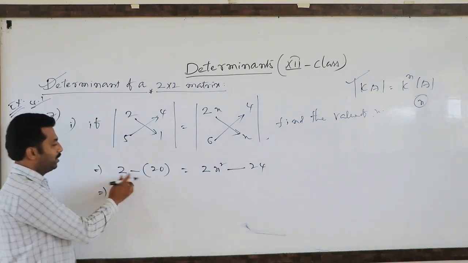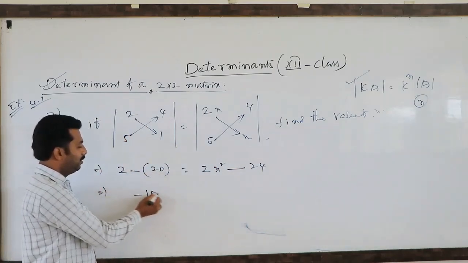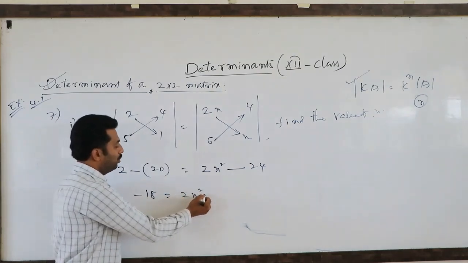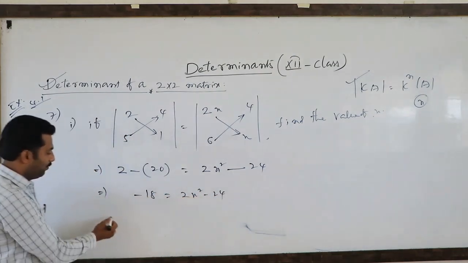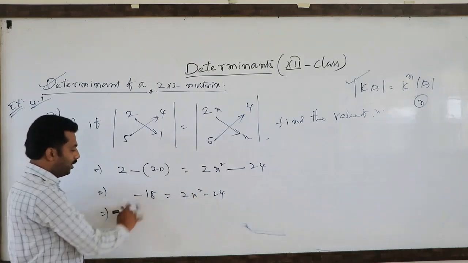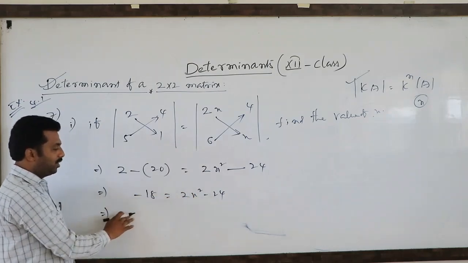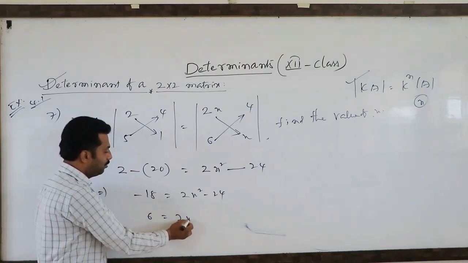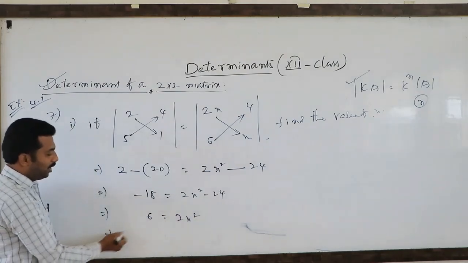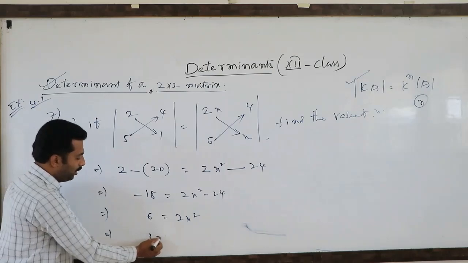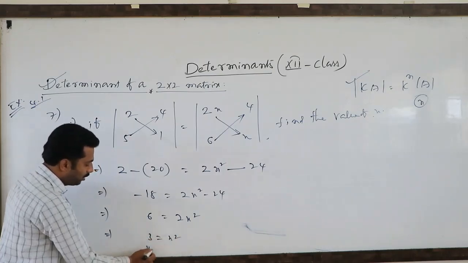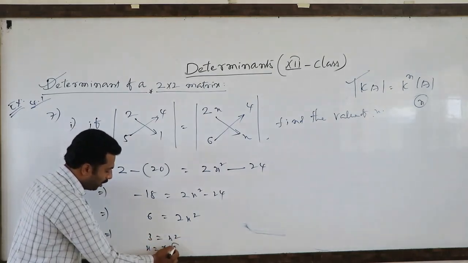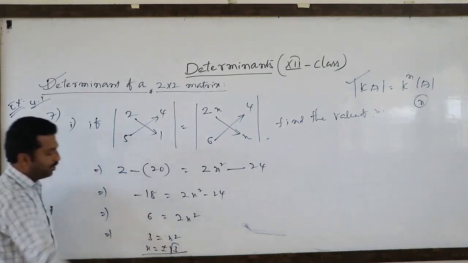How much is the left side? Minus 18. So minus 18 equal to 2x square minus 24. From this, moving minus 24 to the left side, 24 minus 18 is 6, equal to 2x square. Cancel by 2, 3 is equal to x square, x equal to plus or minus root 3.